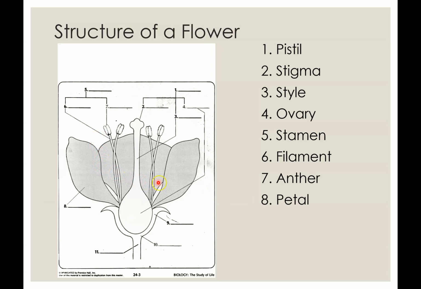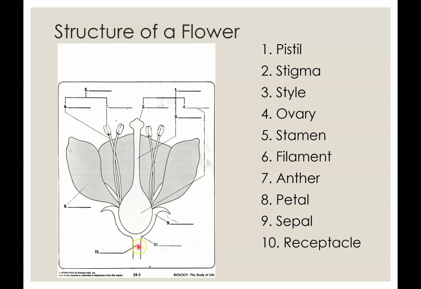Then we have that the flower might be surrounded by petals, whose main role is to attract pollinators, as well as sepals that provide some protection to the flower, as sometimes the flowers open and close depending on the time of the day. And last but not least, the flower is connected to the rest of the plant through the receptacle.